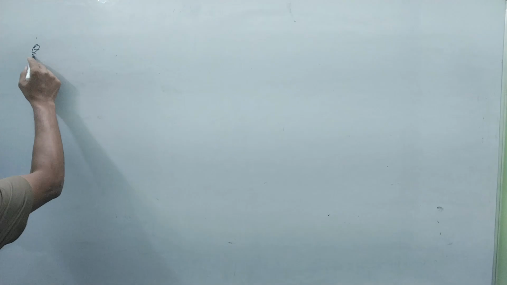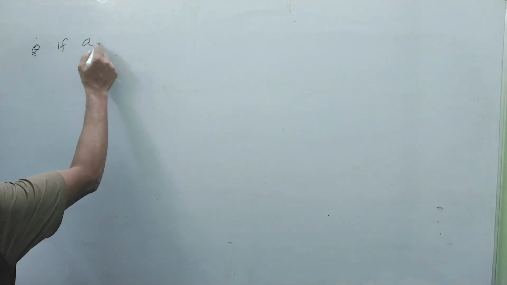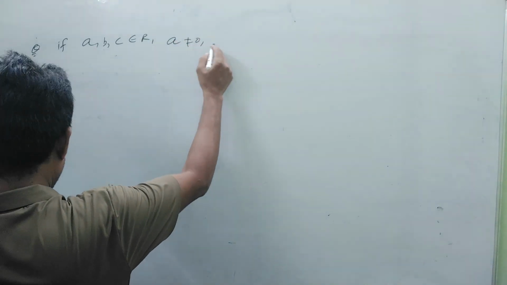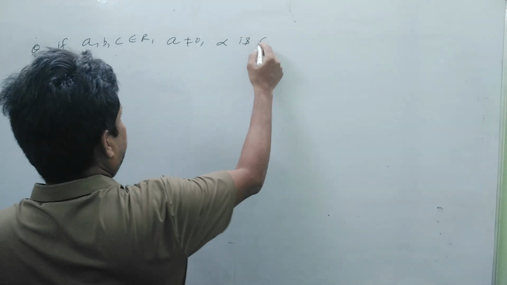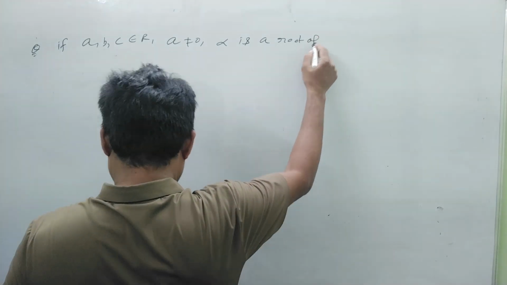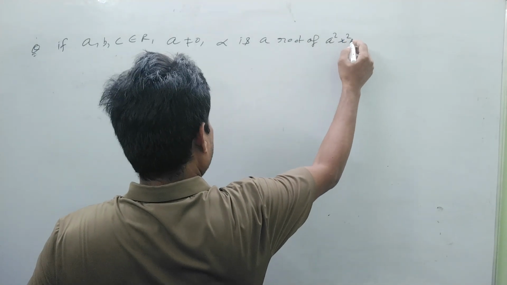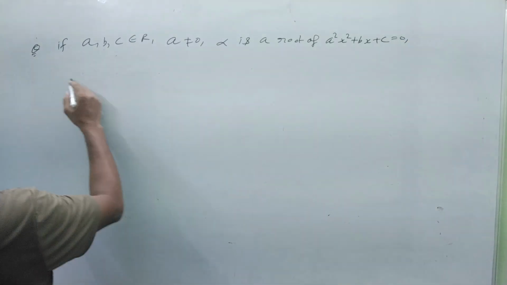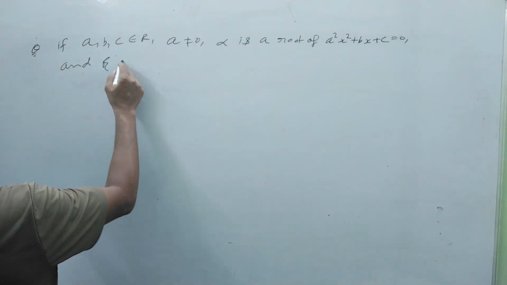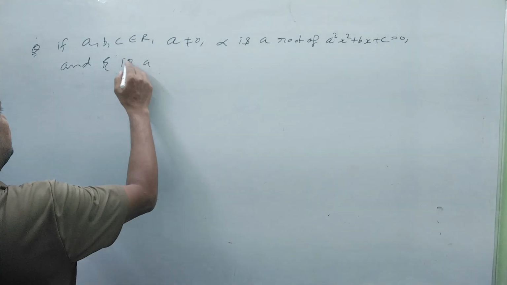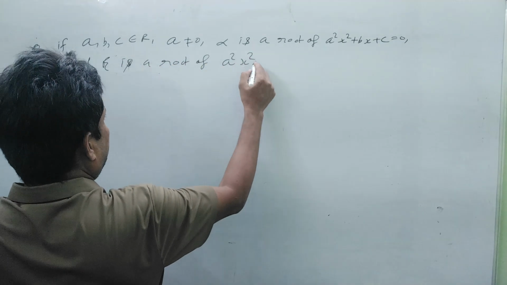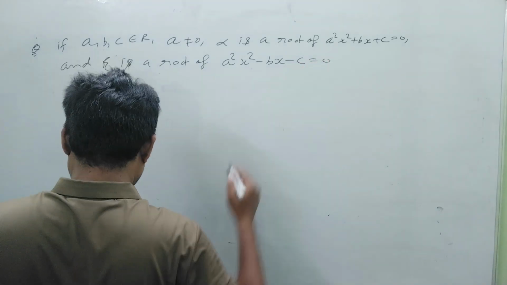Now let us take another example. If a, b, c belong to real numbers, a does not equal to 0, alpha is a root of a square x square plus bx plus c is equal to 0, and beta is a root of a square x square minus bx minus c is equal to 0.